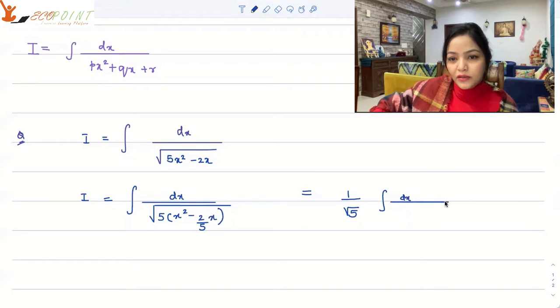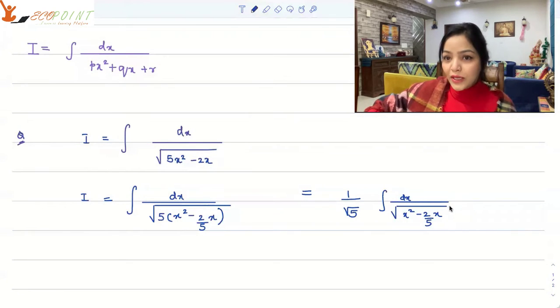dx upon the square root of x square minus 2 by 5x. Can you see that you can create a square minus b square here? You can create a whole square here. So what I'm going to do is add and subtract something here, and that is 1 by 5 whole square.